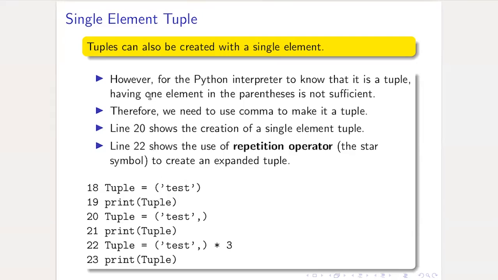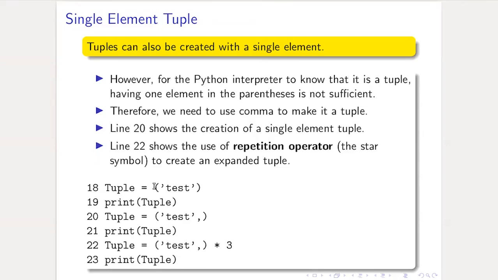If you have one element, it is not sufficient to say that it is a tuple. Mind you, as I said, these brackets are optional. So just think for a second. If you have the same line 18 without the brackets, then this would actually be where you are declaring a string.